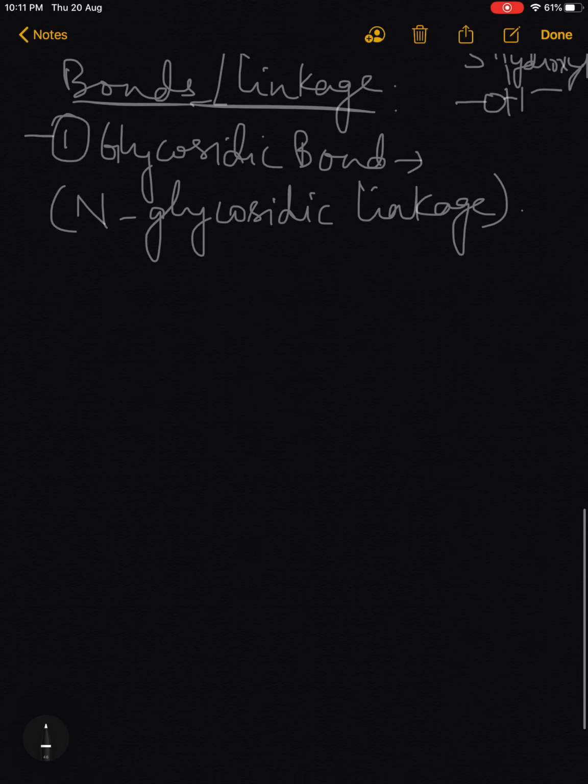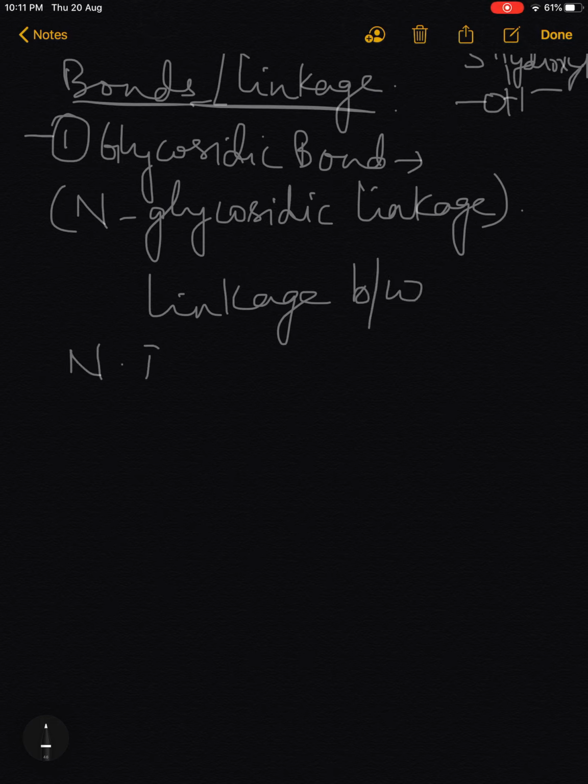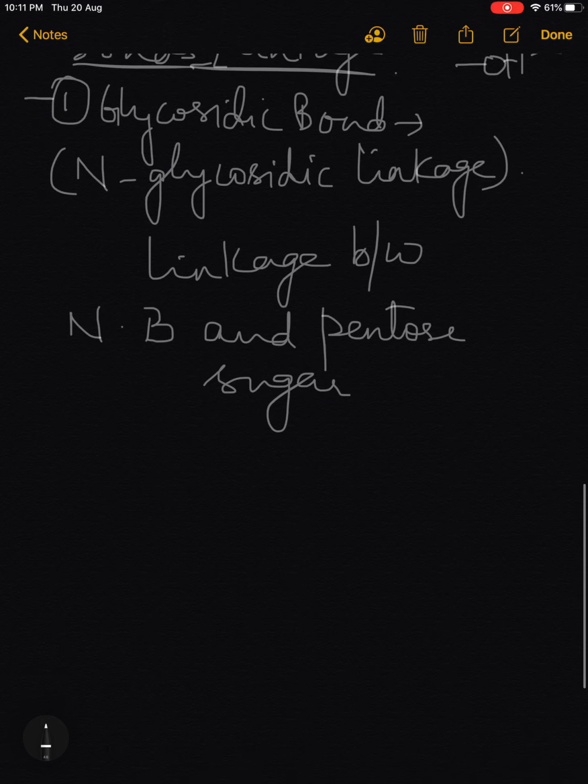Now children, this is a linkage between the nitrogenous base and pentose sugar, and this will form a nucleoside.